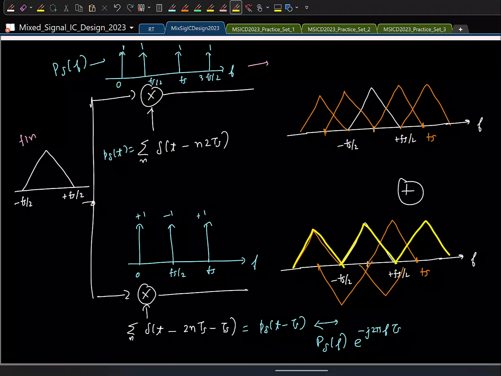Yeah, remember that this frequency will get shifted around each of these frequencies. So we'll get one at Fn, that is the desired frequency. We'll also get one at fs by 2 minus Fn, and so on. So here also the image will be at fs by 2 minus Fn. But what you will find is that the image in the two channels will be of the same magnitude but with opposite signs, and so they will cancel.